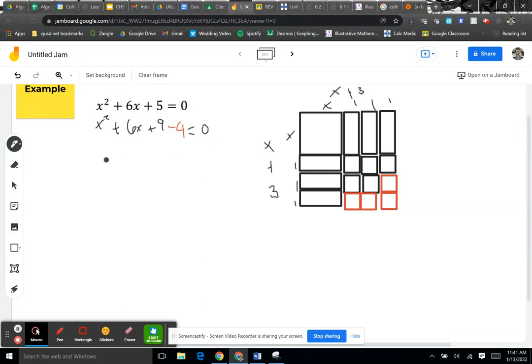So this is just x plus 3 squared, because when I find the area of the whole thing, it's x plus 3 times x plus 3. It's x plus 3 squared. And then we still have this pesky minus 4 right here. And it's still set equal to 0.